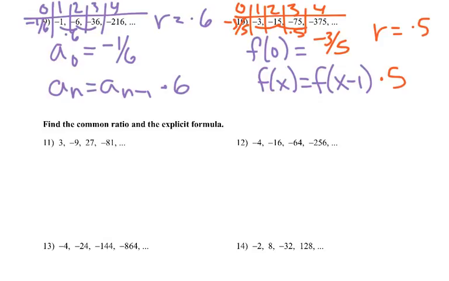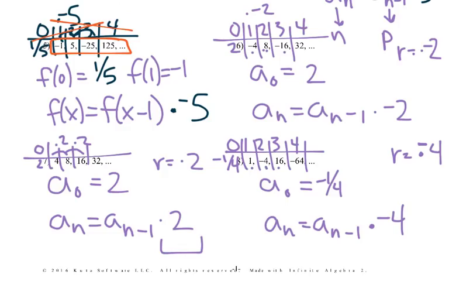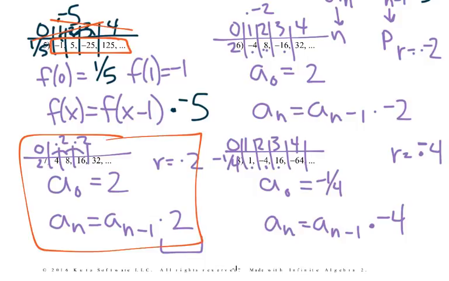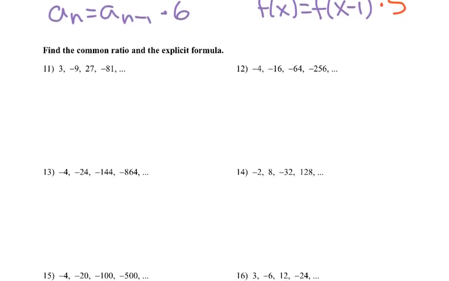Alright, now I want to take one of these, and let's see, I want to take a simpler one. Let's take this one right here. Okay, I'm going to do something with it to help us understand the explicit formula.